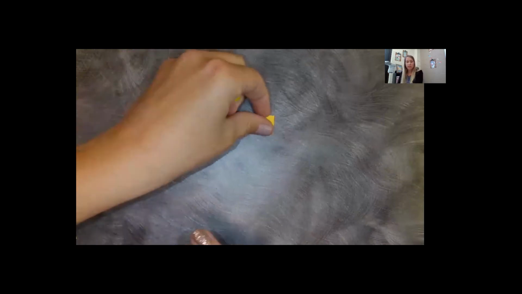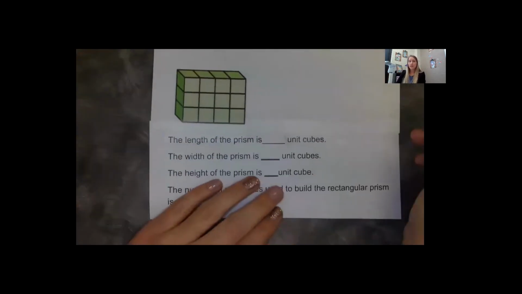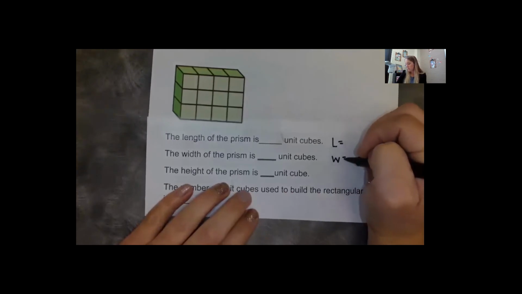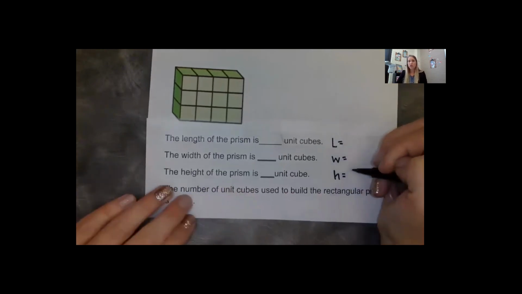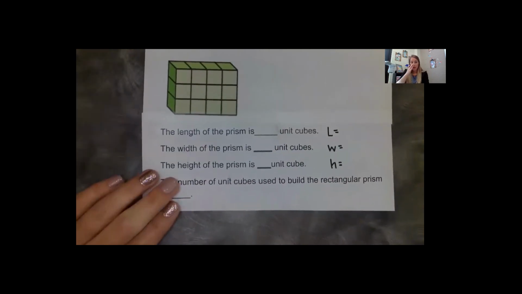Now let's look at some more examples together. I want you to make sure you're doing this on your paper with me, please. To make it easier, instead of writing out length, you might just write L, W, and H on your paper. All right.